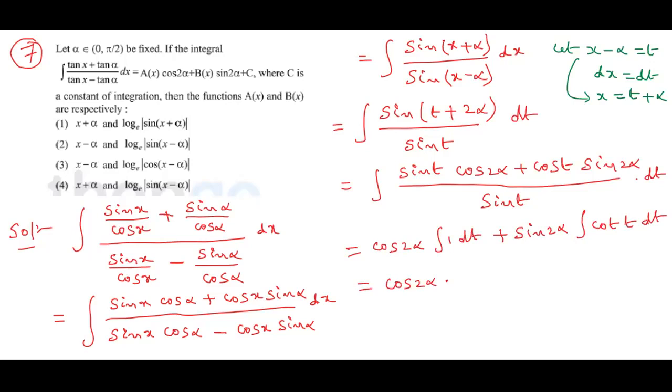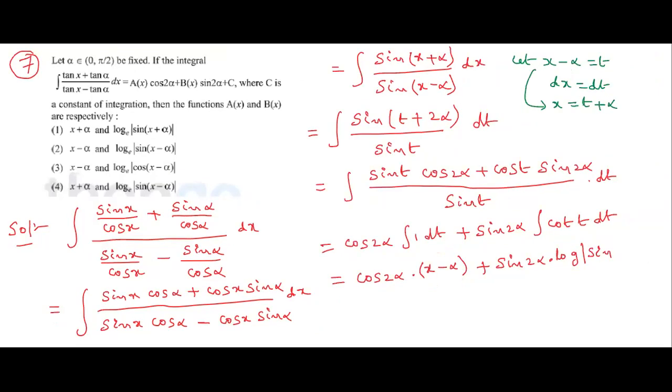What is the t value? x minus alpha. So here we get x minus alpha plus sin 2 alpha into, what is integration cot t? Integration cot t is logarithm of modulus sin t. What is t? That is x minus alpha, plus c.